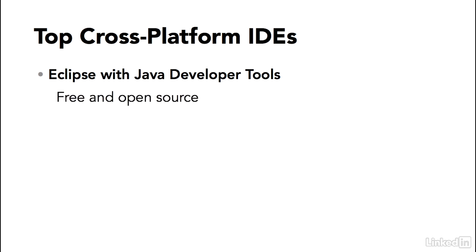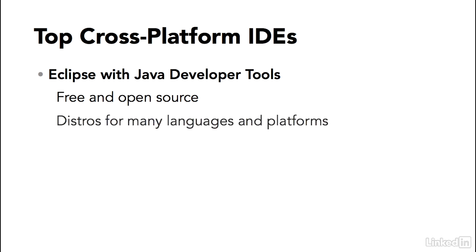Eclipse is a free open-source product, so most of what you associate with Eclipse will be free, but there are certain third-party plugins that are commercial and require a paid license. Eclipse comes in many flavors. There are distributions for many programming languages, including C++, PHP, and many more. And Eclipse is delivered for Mac, Windows, and Linux.